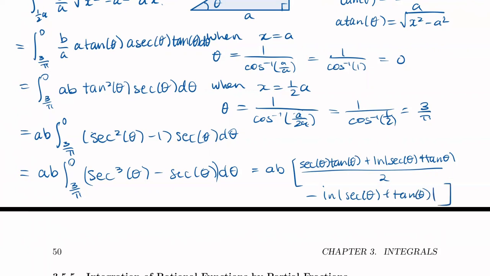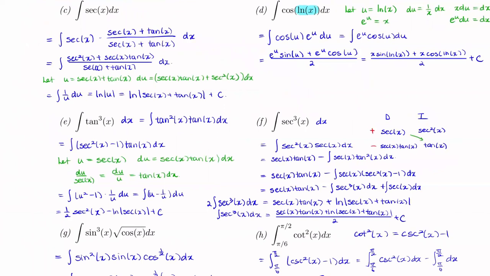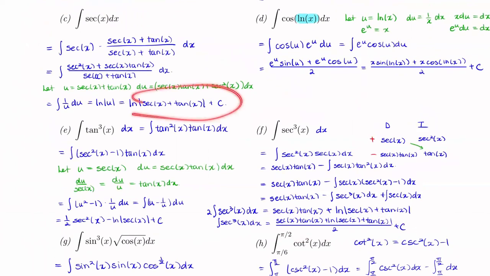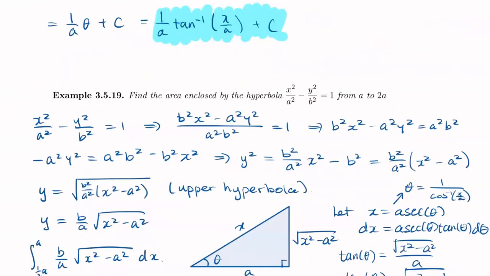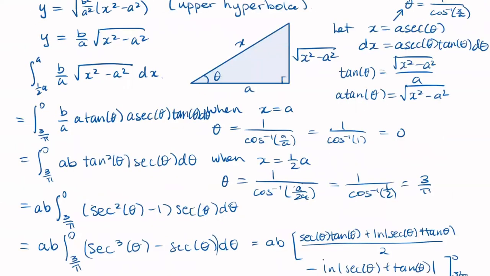So let me go back, double check this. Yeah, and so we found this integral before, and we found this integral before. So yep, I got both the integrals here. So I'll leave it as an exercise for you to actually compute this value from 0 to pi divided by 3, since I'm running out of room here. All right, so computing the value is just going to be left as an exercise for you.